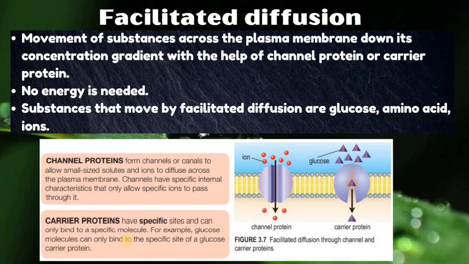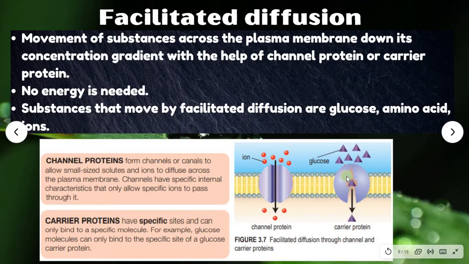Not all molecules can bind with it, only certain molecules. So the action is specific. One carrier protein is for one molecule only. For example, a glucose molecule can only bind to the specific site of a glucose carrier protein. So that is a carrier protein.